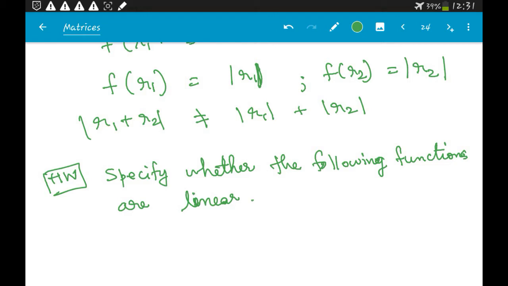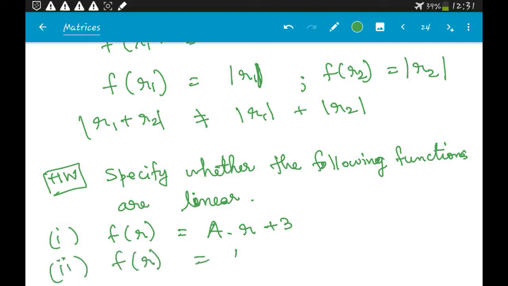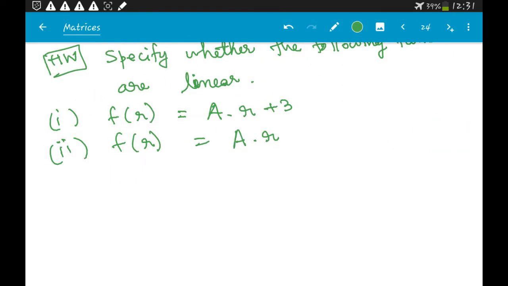The first one is f of r is equal to a dot r plus 3, and the second one is f of r is equal to a dot r. Okay, so this is your homework.